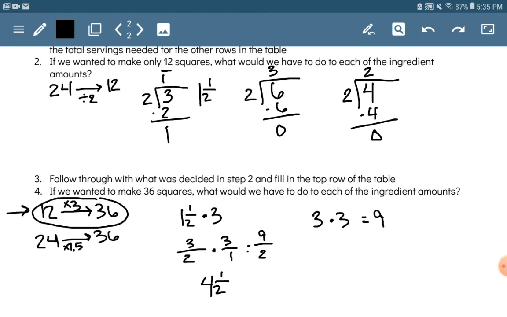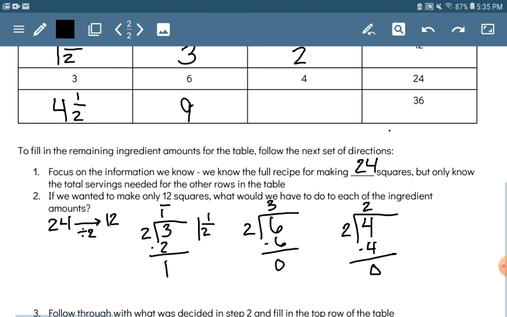Finally, I need to adjust the marshmallows. To serve 12, I needed 2 cups, but since I'm increasing it, I need to multiply by 3. And my new ingredient amount is 6 cups to serve 36 people.